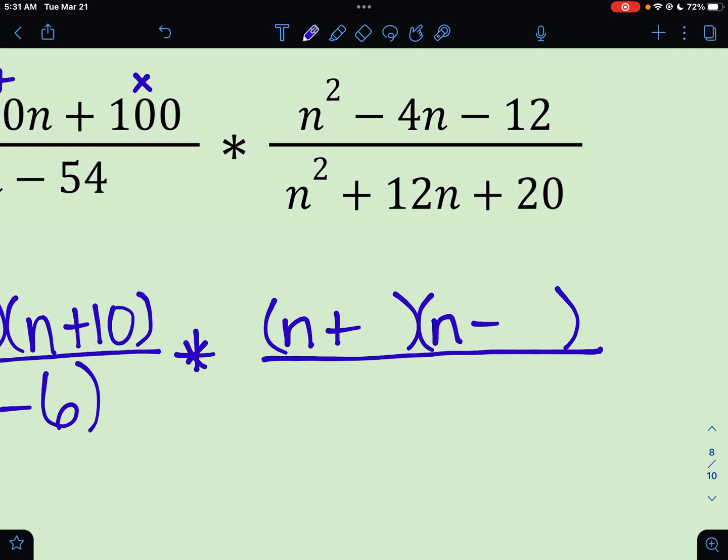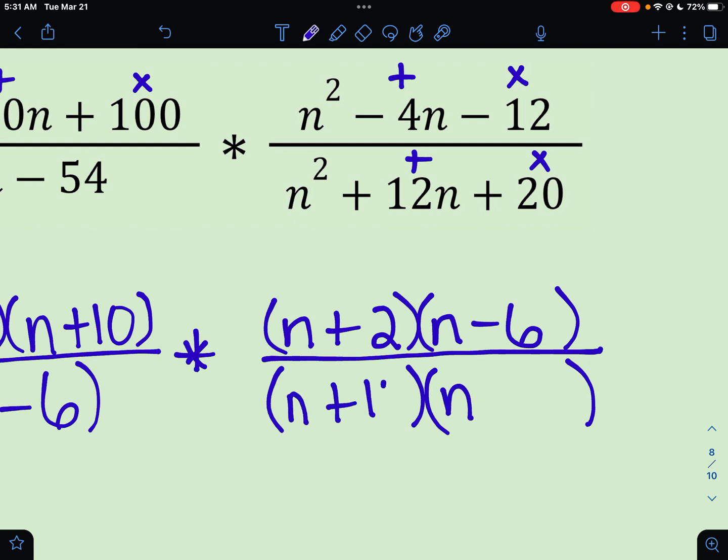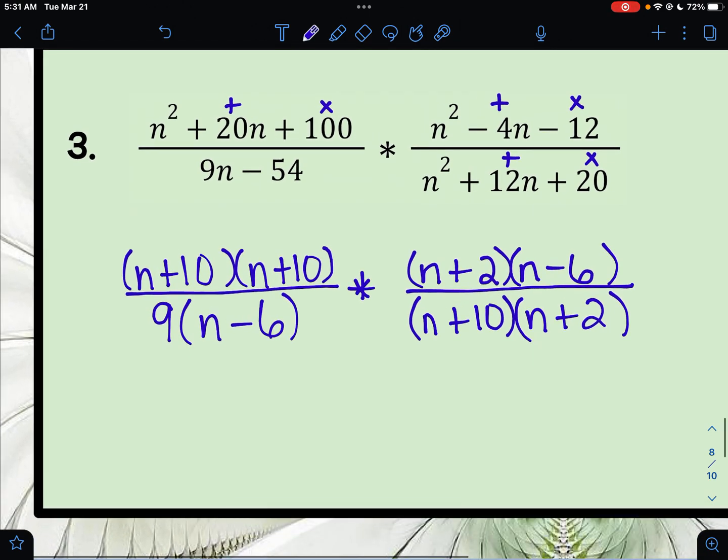And then negative 4. So negative 6 and positive 2. Same thing down here. Let's see. They need to add to 12, multiply to 20. I'm doing 10 and 2. Okay. So that's how that one should be factored.